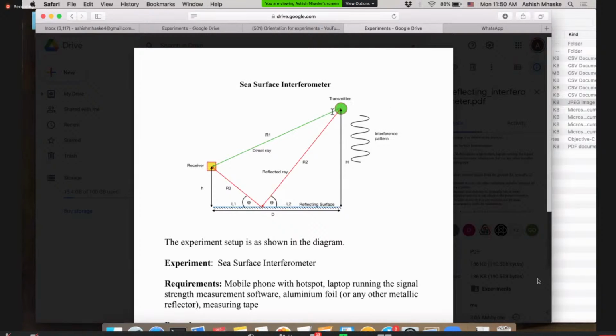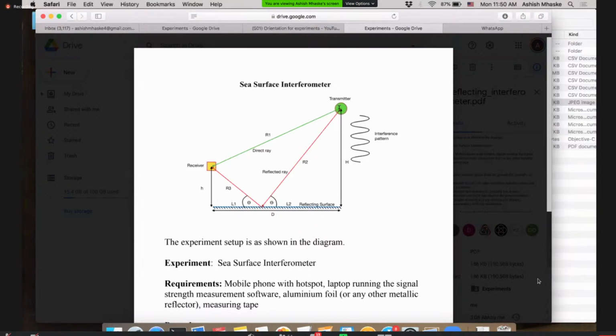One thing that is recommended in all these experiments is that you do not connect to the internet while doing them, because if you connect, the fluctuation in your noise, or power, in your measurements is very high.